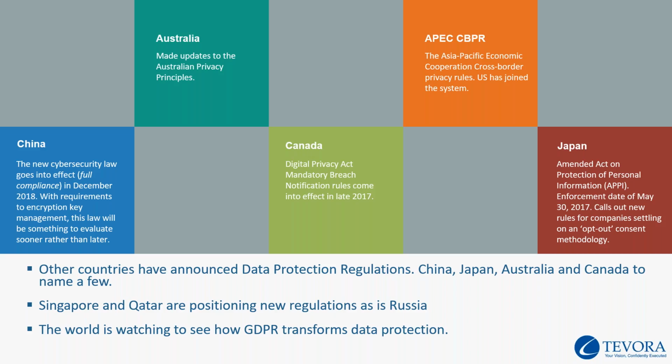And Japan has actually already started enforcing their privacy call-outs. So focusing on GDPR as that foundational piece to your global data protection program is really what we're advising and what we're trying to work with all of our clients to craft that mindset and move forward in this new environment.